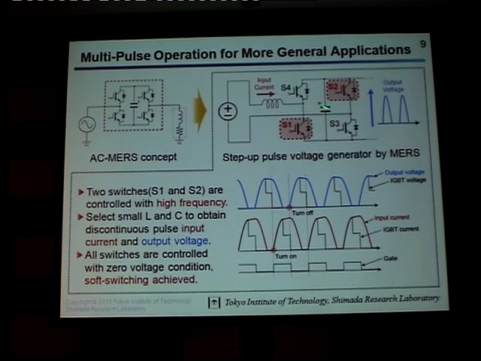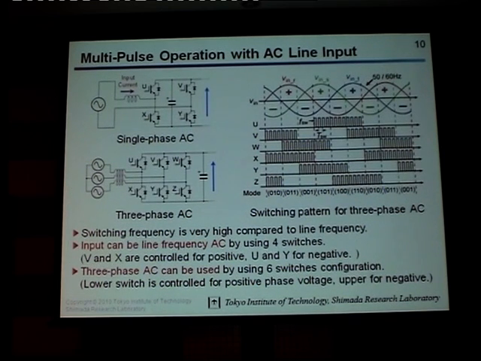From DC voltage, we can generate pulse voltage. And doing the same thing, we can also generate pulse voltage from AC line frequency, 50 or 60 Hz, and also from a three-phase AC system.